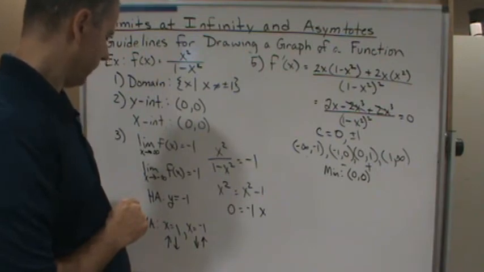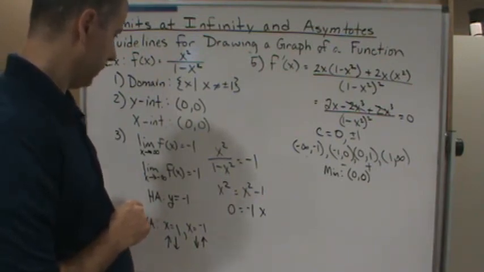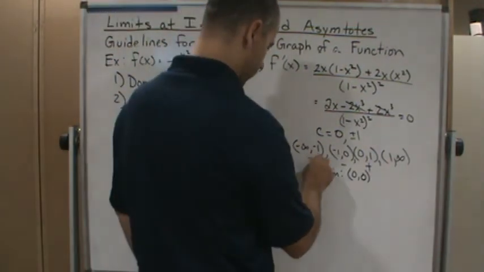So from -infinity to -1, it's going to be decreasing.